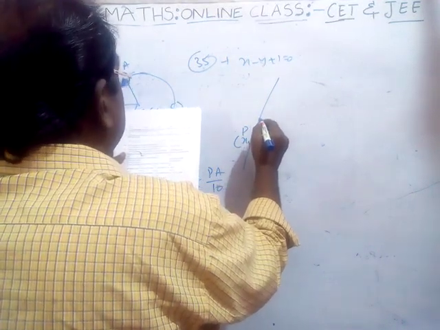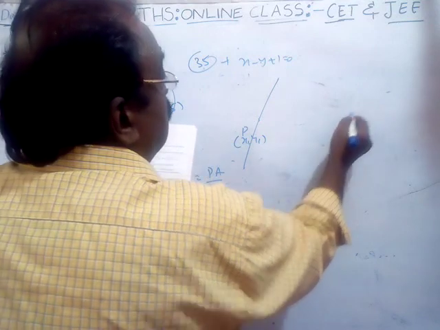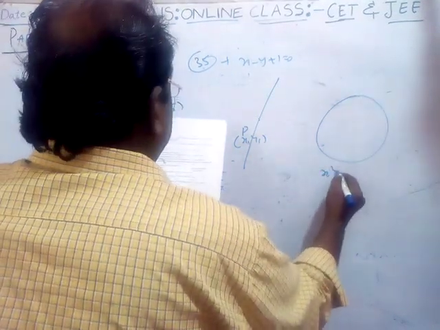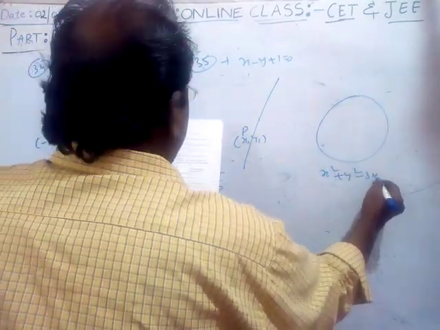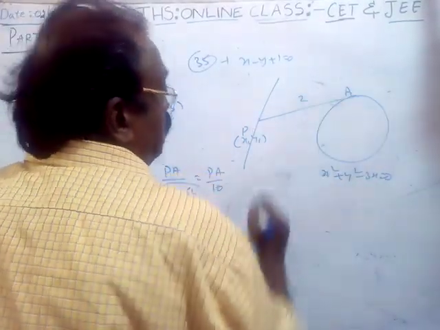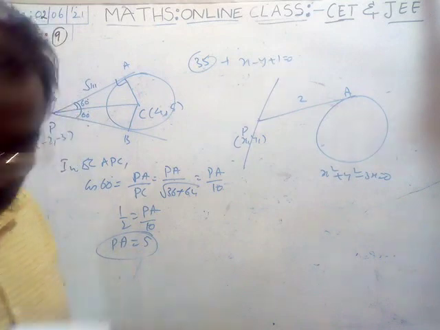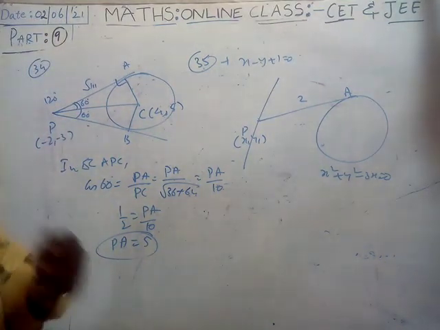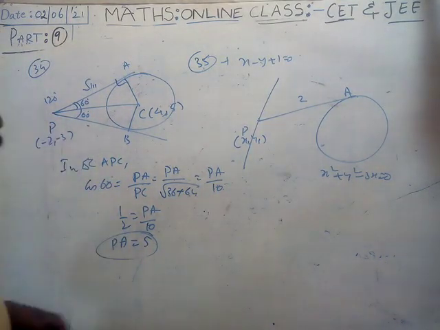And a circle is there. That circle equation is x square plus y square minus 3x equal to 0. This length is given as 2 units. We have to find that point.